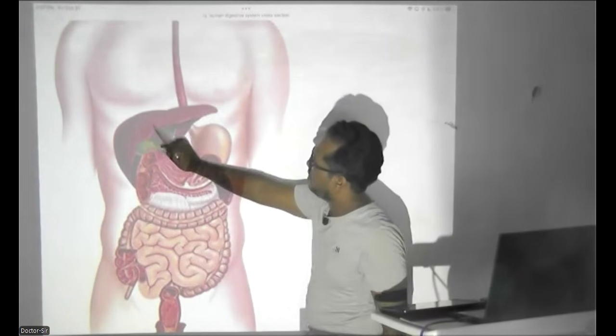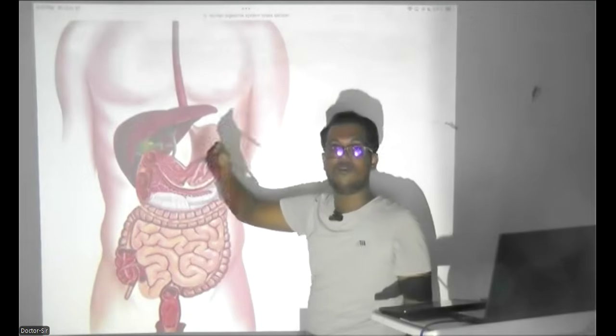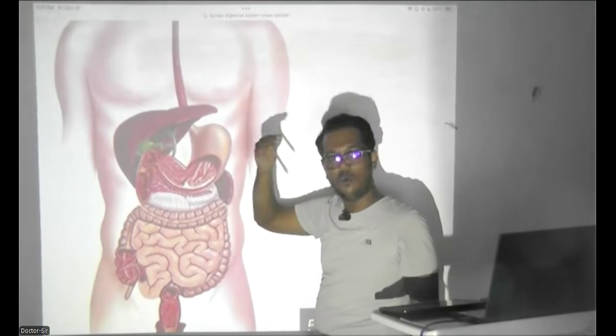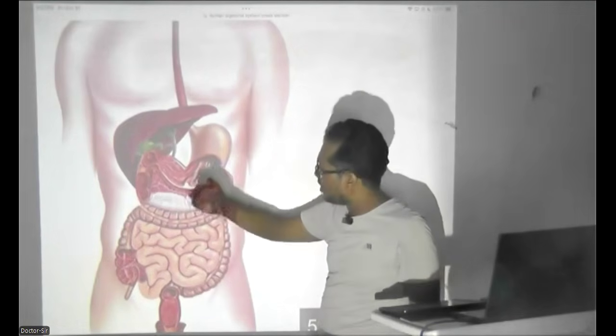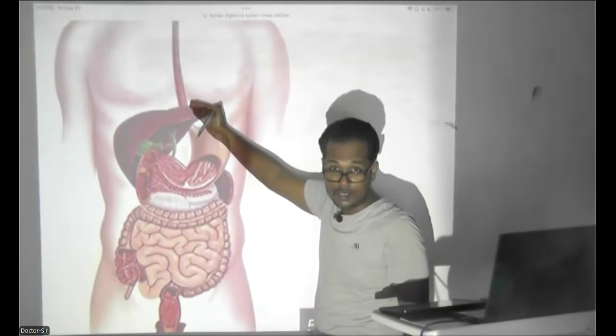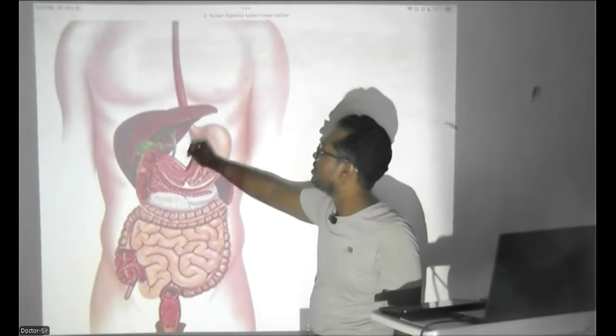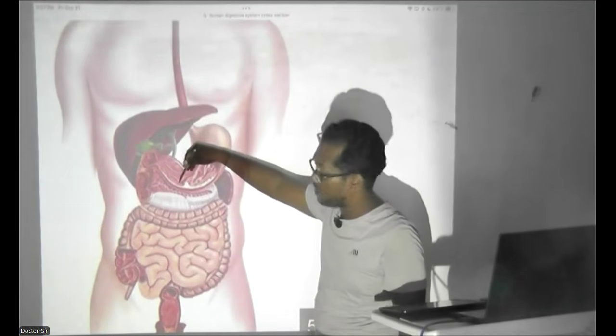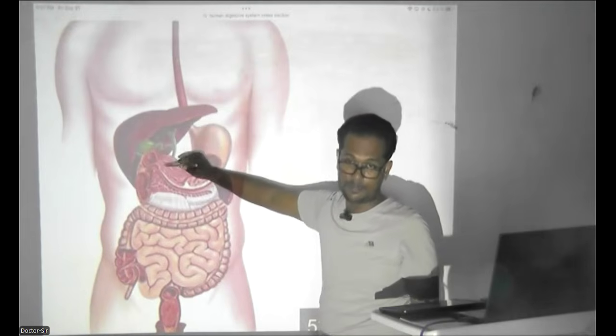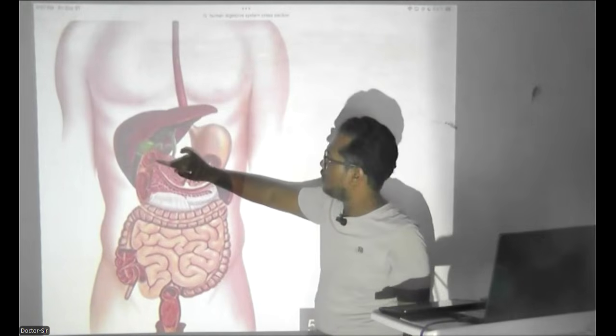Why? The liver is an organ that produces so many things, but important in the digestive pathway, it produces bile.